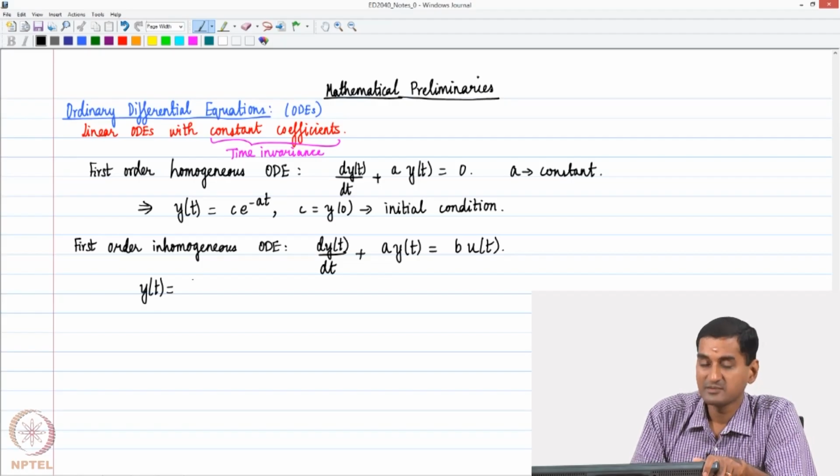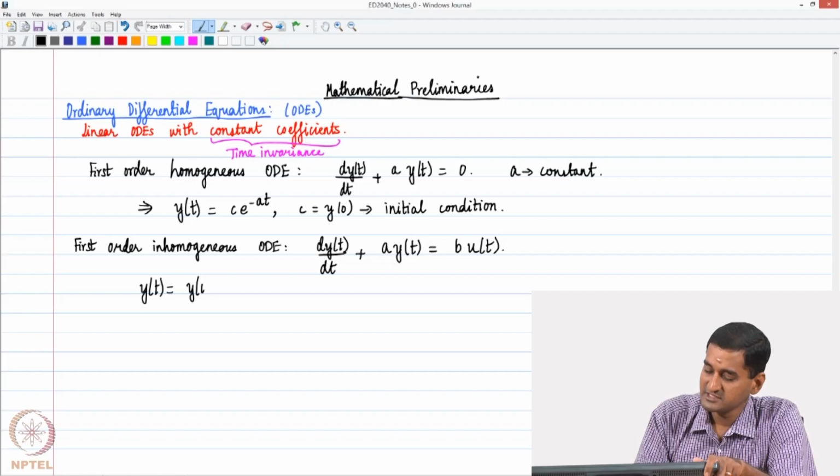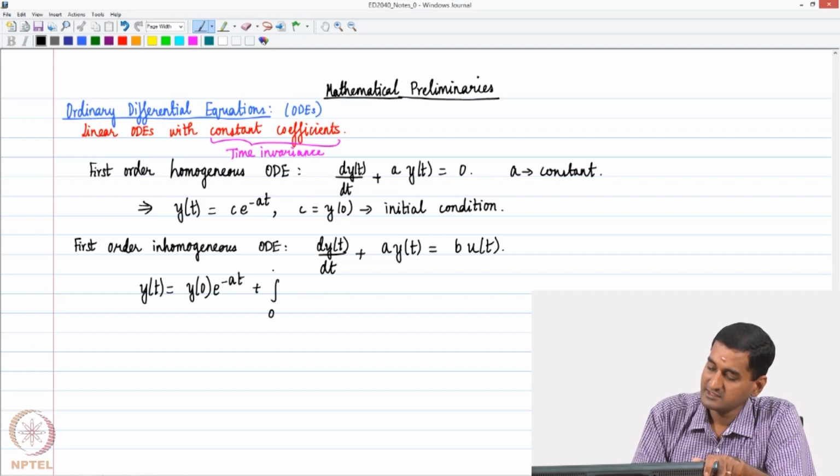We know that it is going to comprise two parts. The first one is due to the initial condition. So, it is going to be y0 e^(-at) plus the integral from 0 to t of e^(-a(t-tau)) b u(tau) d tau.